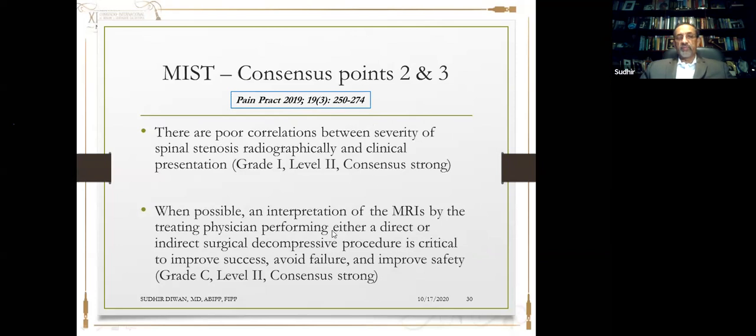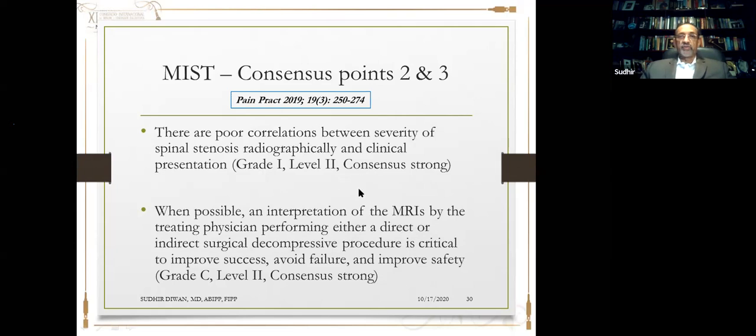One of our problems is we always trust our radiology colleagues, and they are usually very, very good. Most of them who read these are either neuro or spine experts. But somebody who is on call and is reading the studies, whose focus is mainly on different areas and not the spine, may not really help you that much.